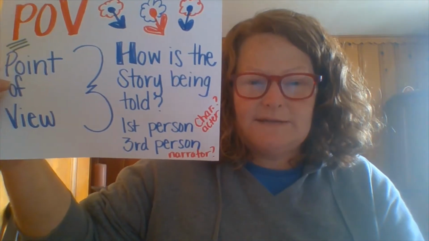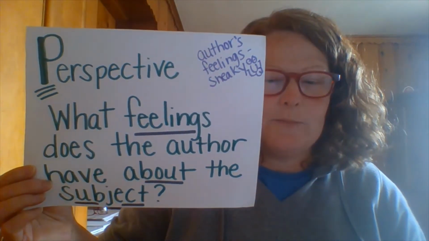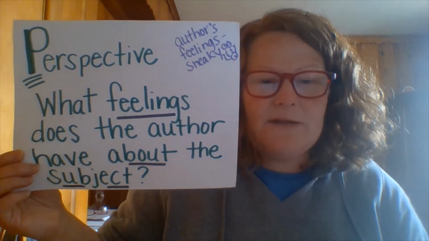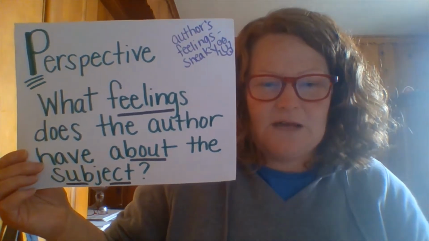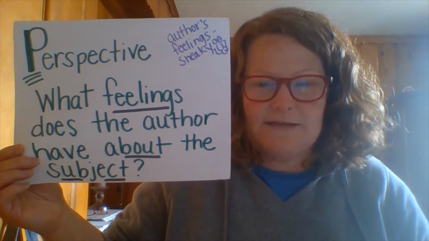We're going to review this today with one of the stories that we have that's written in a very different way. The other thing is, whoever's telling that point of view is going to probably add some of their perspective in. And that's what that character's or the author's feelings are about specific topics or details that come up in the text.